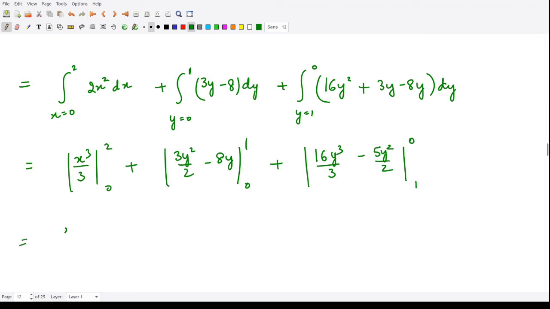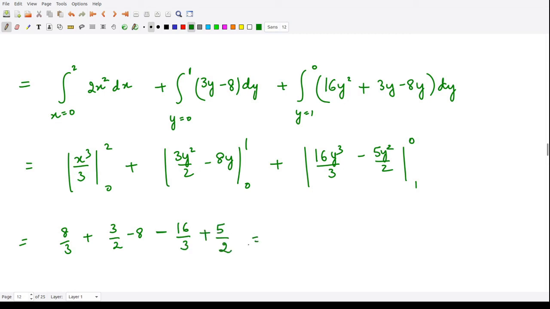So this would become 8 by 3, and then 3 by 2 minus 8, and then when you substitute, we have a negative sign, negative of 16 upon 3 plus 5 by 2.